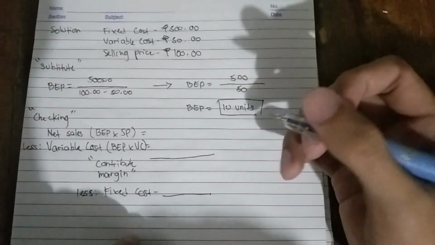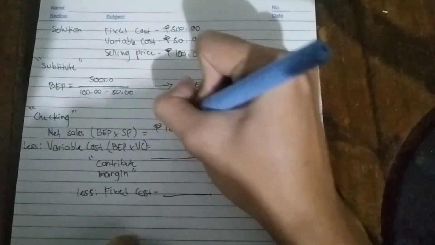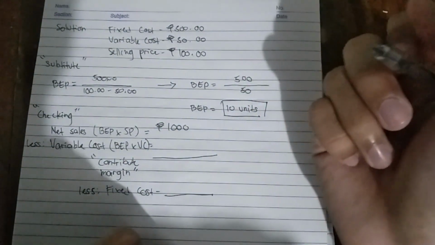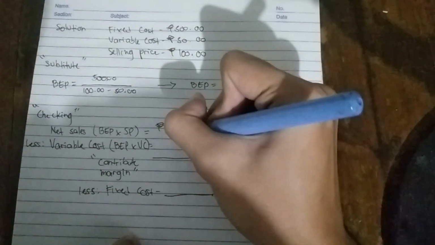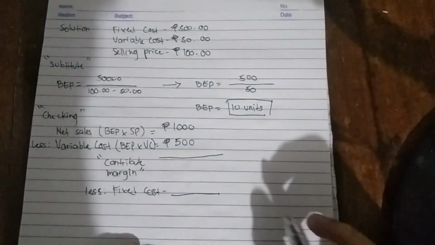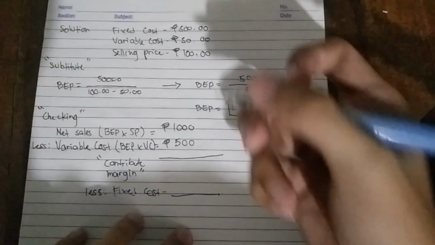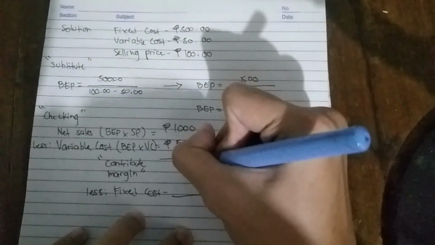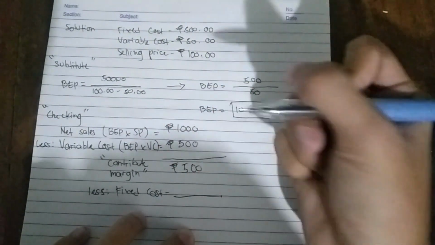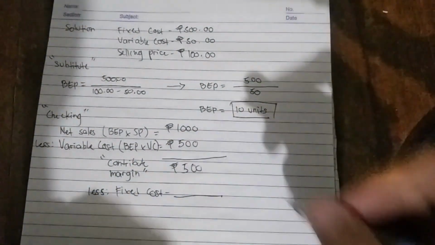BEP times SP, you'll get 1,000. And BEP times VC, you'll get 500. Don't forget the peso sign. 1,000 minus 500, you'll get 500. We have our contribution margin, which is 500, and again, our less fixed cost is also 500.